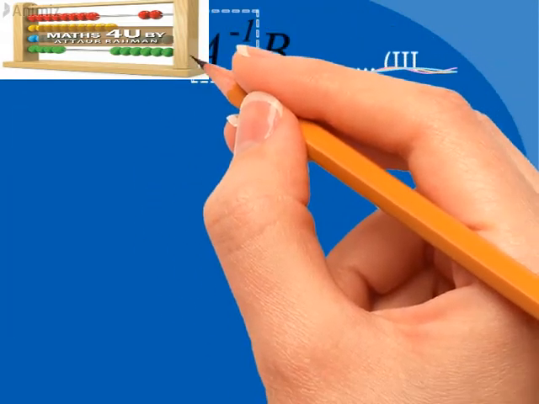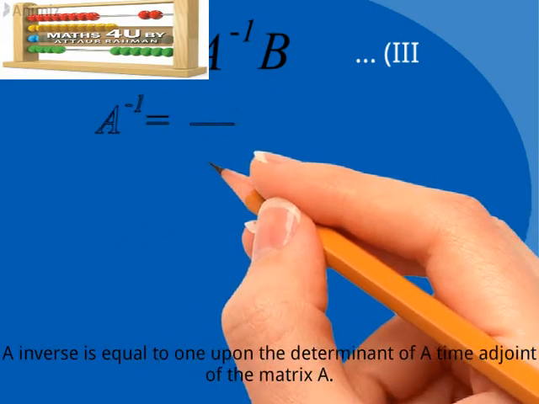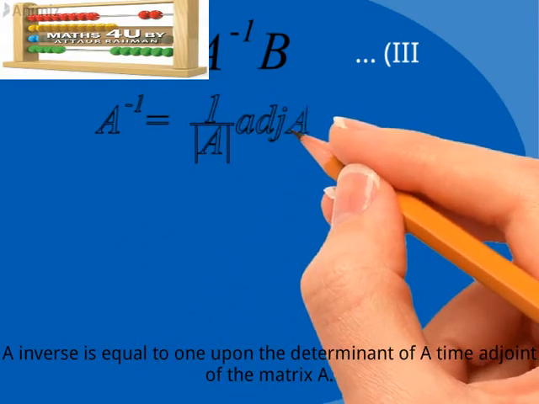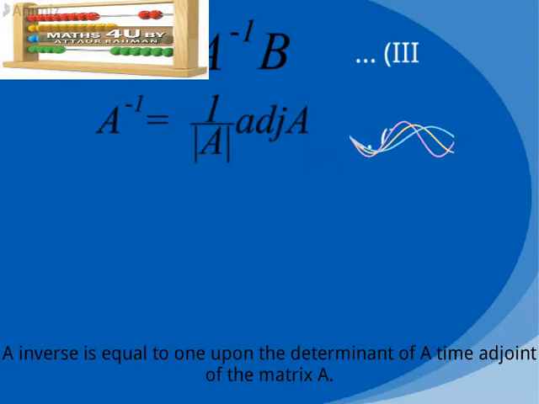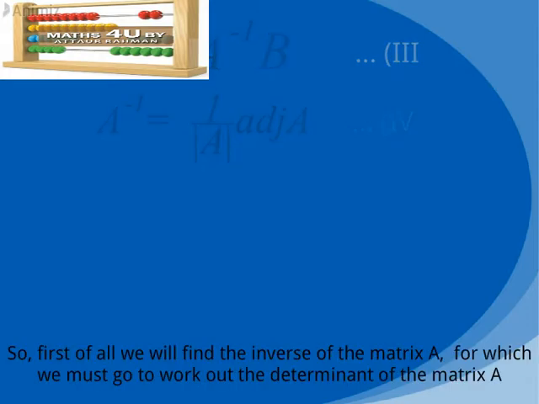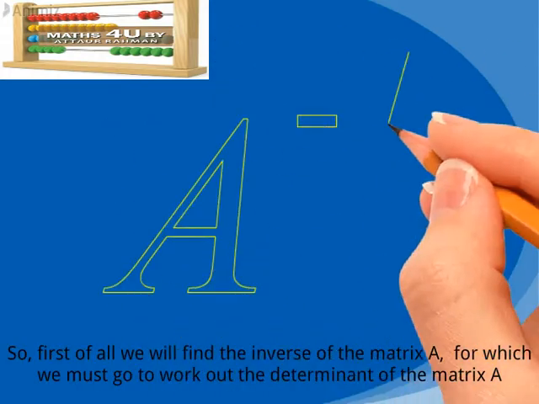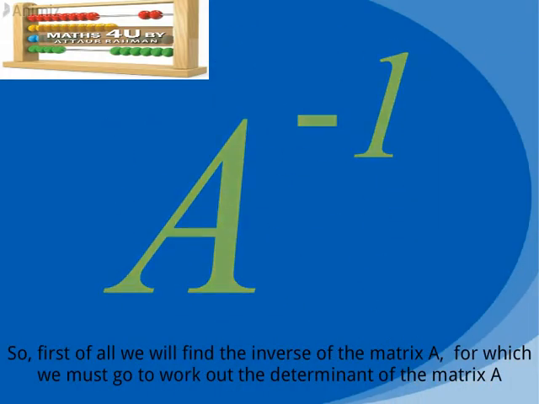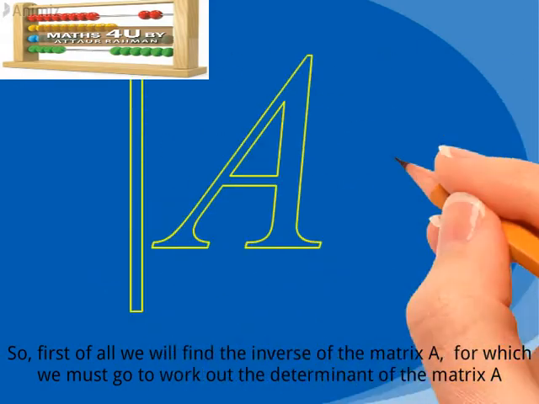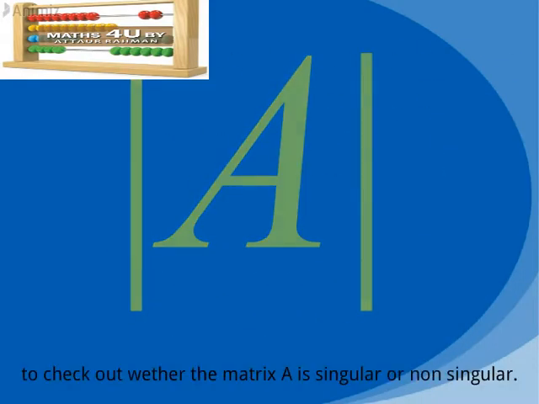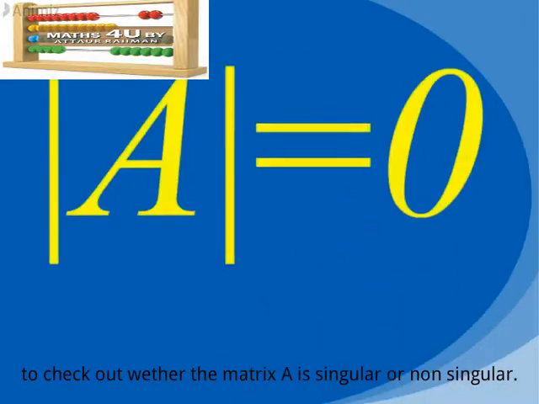Thus in this equation, we first need to find the inverse of the matrix A. That is, A inverse is equal to 1 upon the determinant of A times adjoint of the matrix A. So, first of all we will find the inverse of the matrix A, for which we must work out the determinant of the matrix A, to check whether the matrix A is singular or non-singular.